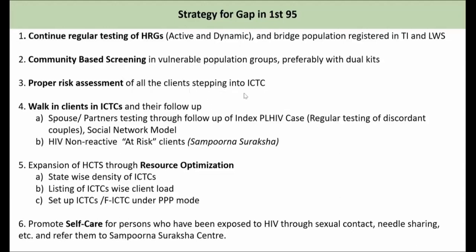Proper risk assessment of the clients who walk in at ICTC is very important. We need to ensure that. And spouse or partner testing, as a follow-up or index case, regular testing of discordant couples, and for those who are not ready to share their partner details, we can provide them coupons or link them to the social network model.